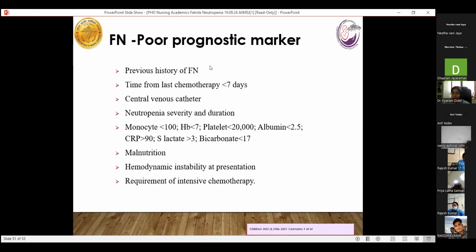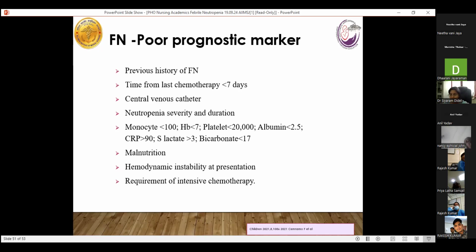Now, there are certain poor prognostic markers in febrile neutropenia. That is, there is previous history of febrile neutropenia, the time from last chemotherapy, as it will determine the further neutropenia. Then there is presence of central venous catheter, neutropenia severity and duration. Then we have lab parameters, that is monocyte less than 100, which means the marrow is not recovering.